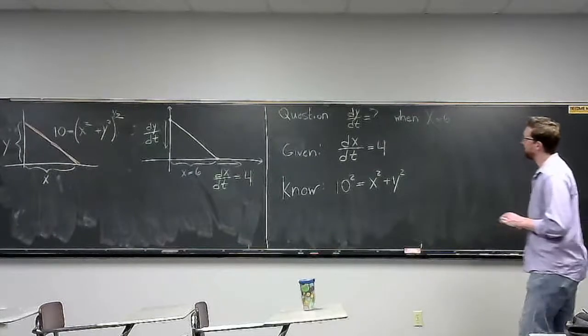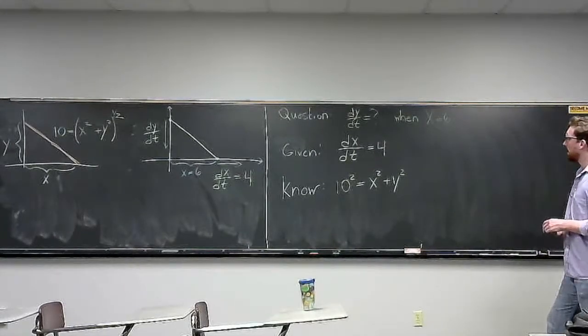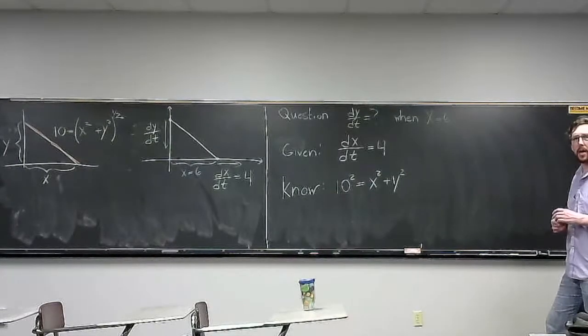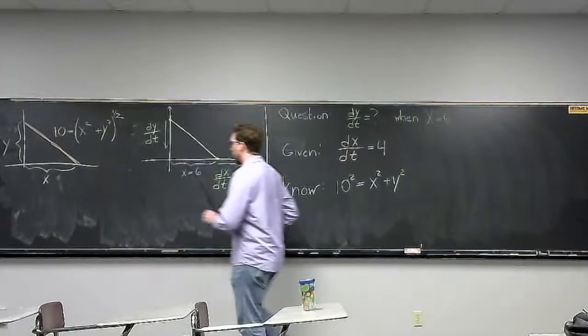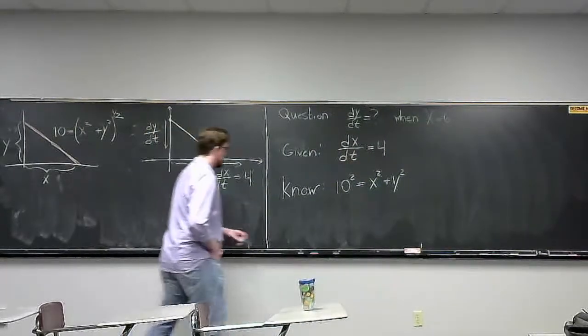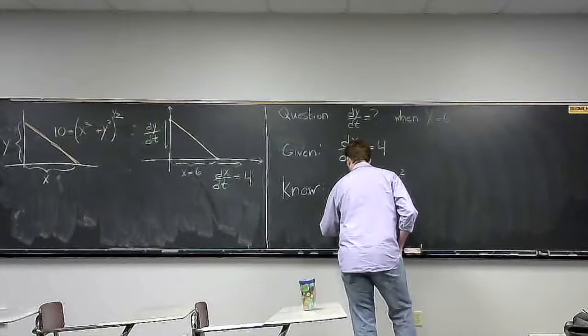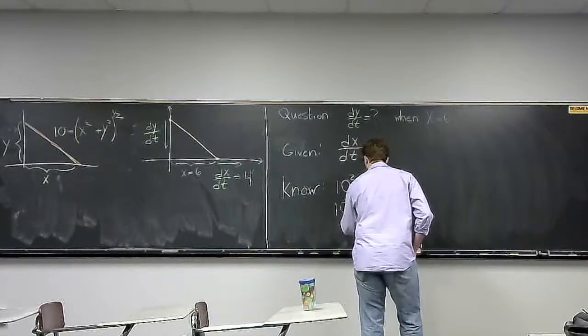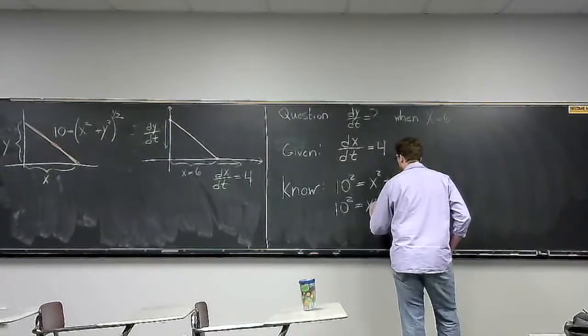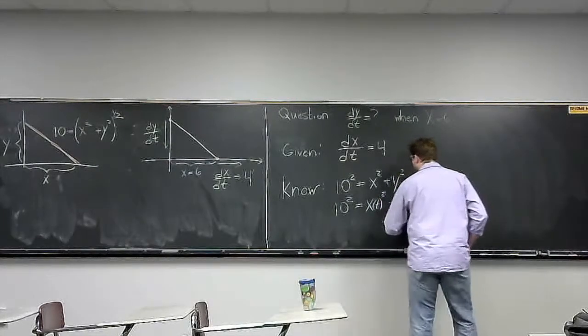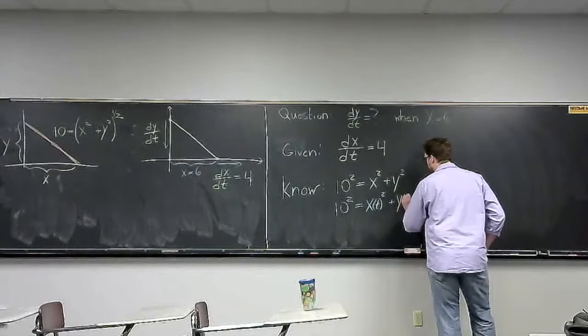Well, one thing we could do is assume that x and y are functions with respect to time. So we can start with this assumption, that 10 squared is equal to x as a function of time squared plus y as a function of time squared.